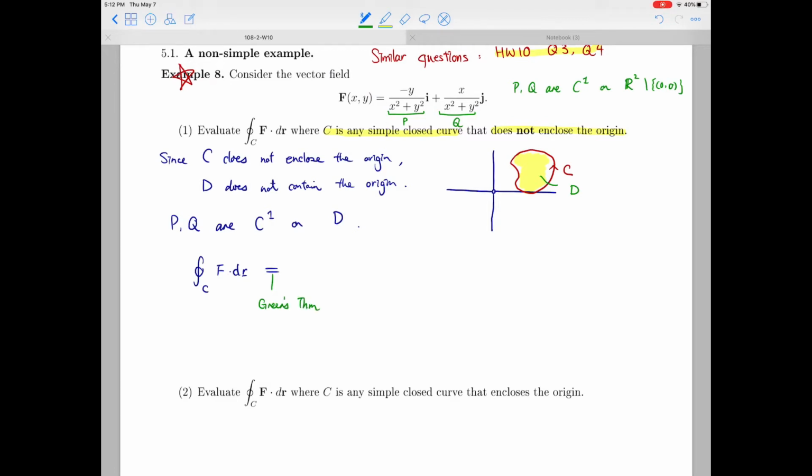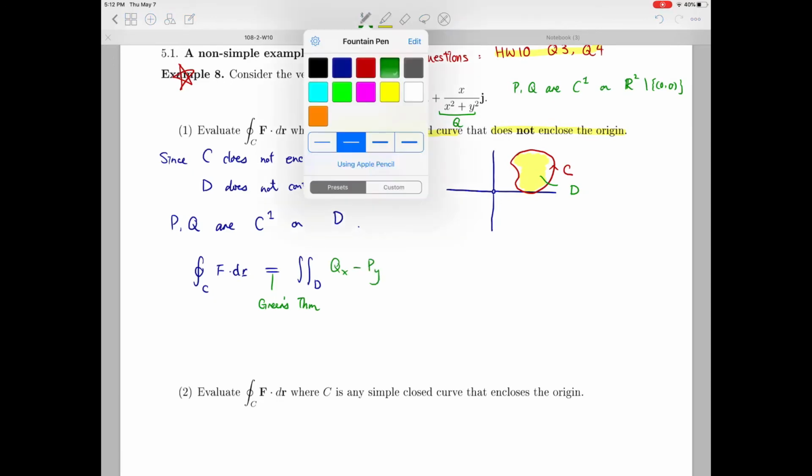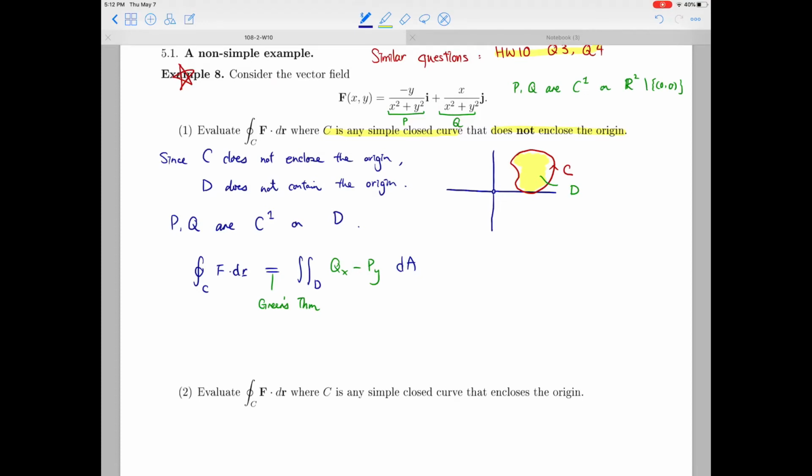To apply this, you need to make sure that P and Q are C1 on the region D, which is the case here. So this equals the double integral of Qx minus Py dA. But then we have checked in example 4 that Qx minus Py equals 0. Then of course integrating 0 surprisingly is 0, so we're done. Okay, this is the answer.